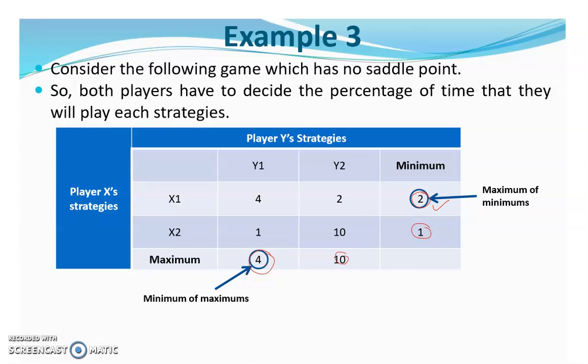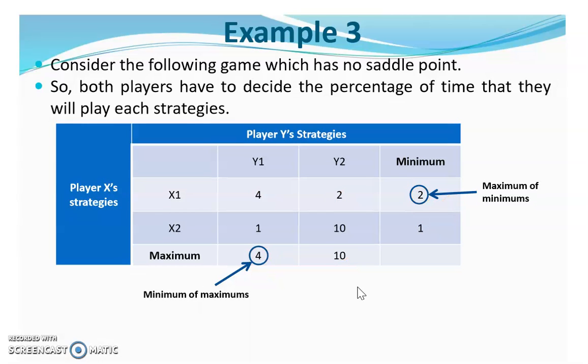So we can say that the strategy for player X and player Y is not the same. Player X will choose strategy 1 and player Y will choose strategy 1 for Y. So in this case, we can see that the value of the game is between 2 and 4.